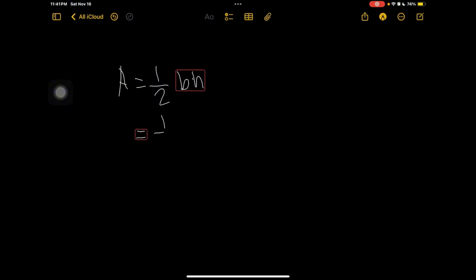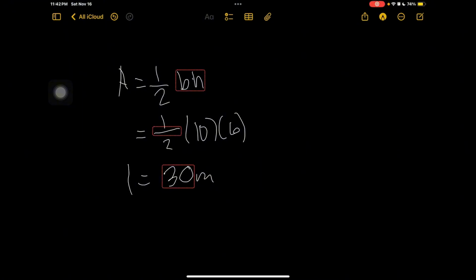So 1/2 multiplied by 10, 6 meters. So the half of the 10 is 5. And 5 multiplied by 6 is 30. So 30 square meters. So this is our area of the triangle.